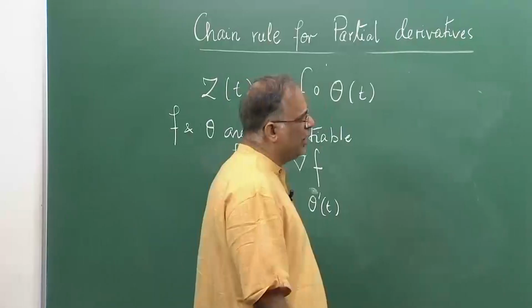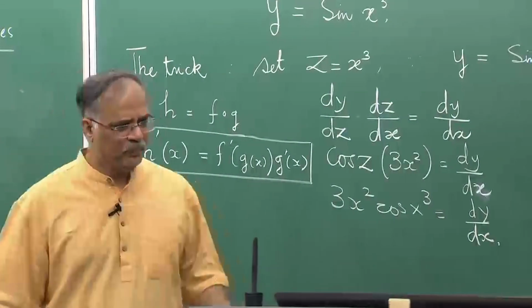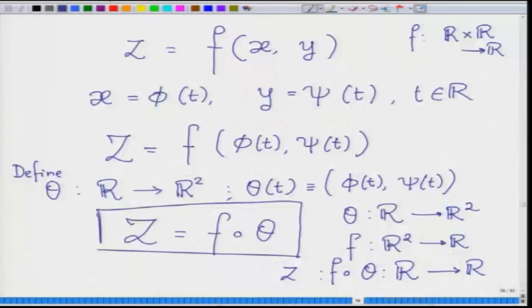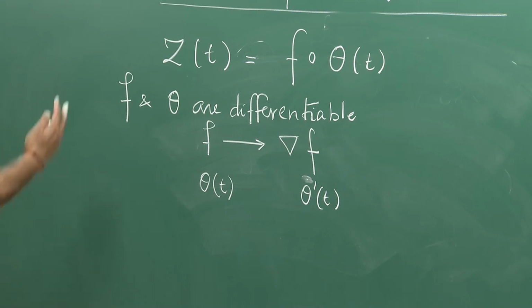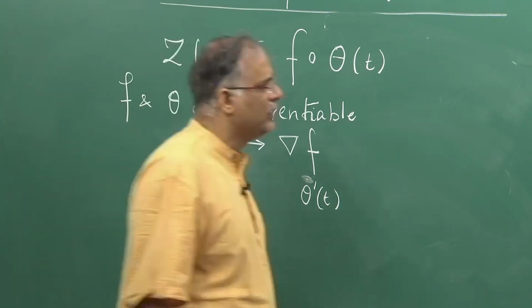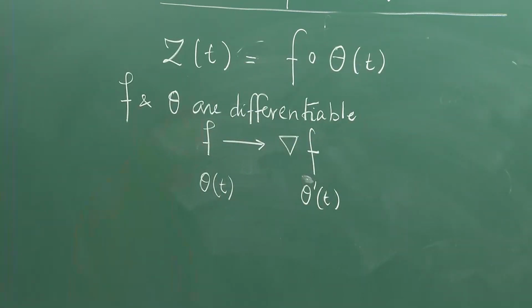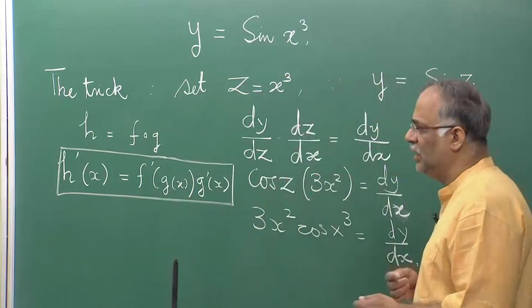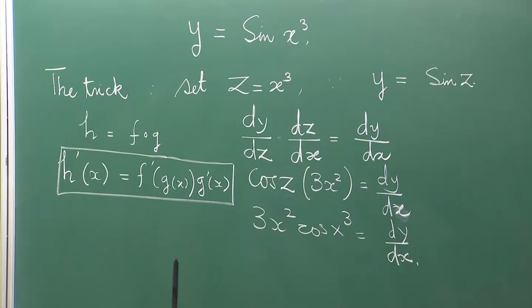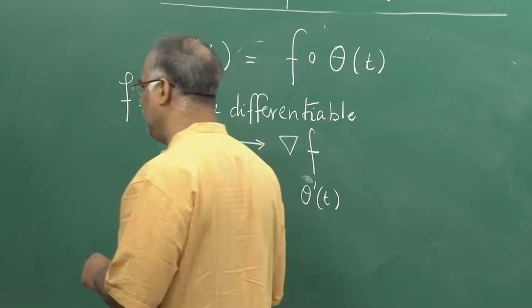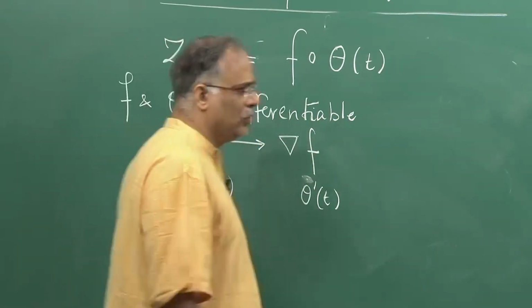Theta dash t is nothing but the derivative of phi t and psi t. This way of taking derivative of vectors is what we had learned when we had shown how we can study mechanics using functions of more than one variable. When we had seen a little bit about computing derivatives and velocities of particles in mechanics, this is what we finally had. Now, what to do?